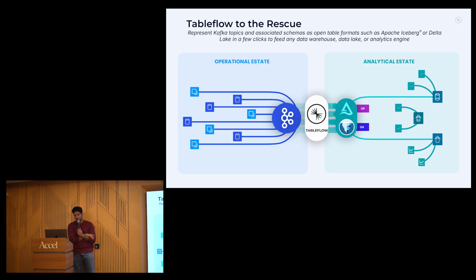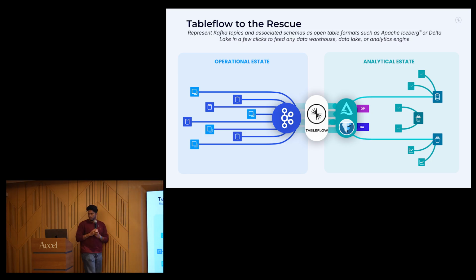You don't need to reinvent the wheel. So the idea is that with the schema in Schema Registry and the data in Kafka, you just produce the data to Kafka. Everything else, from materializing into Parquet, all this metadata creation, table maintenance, is taken care of by TableFlow. Not just that, once you do this, your tables will start appearing in your catalogs as well.